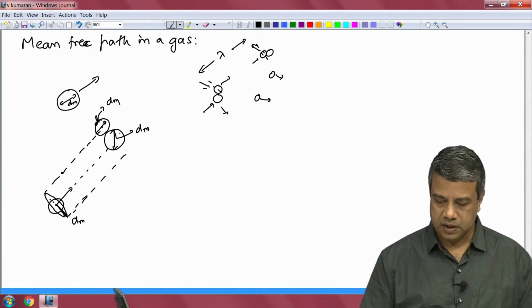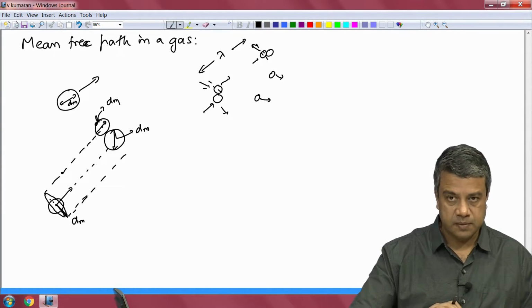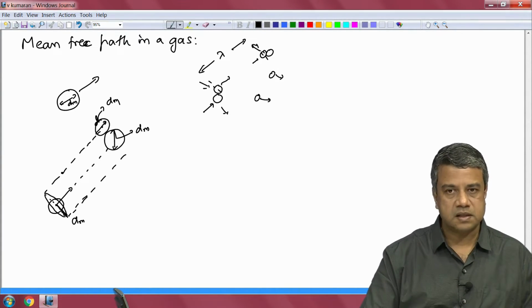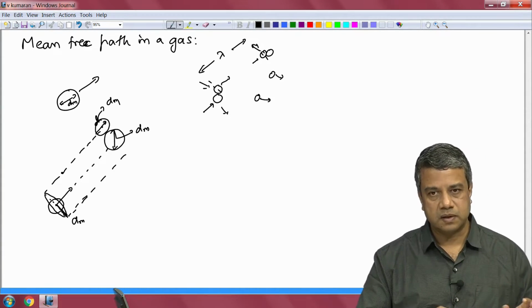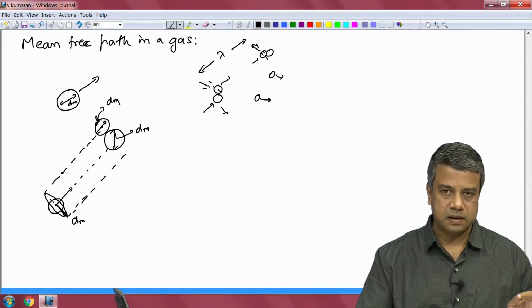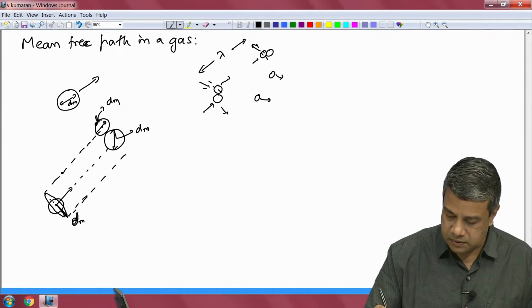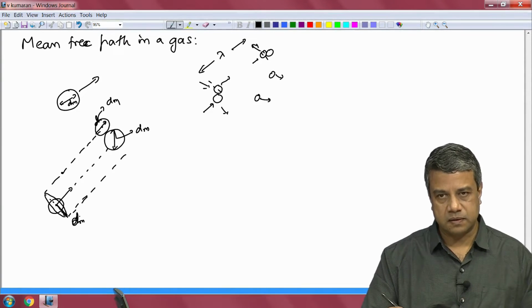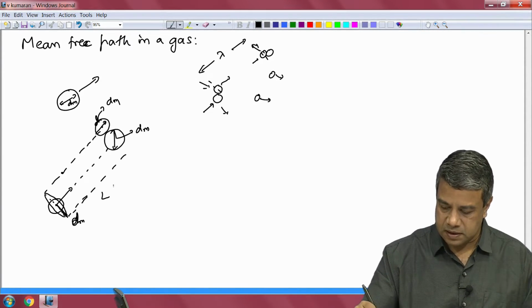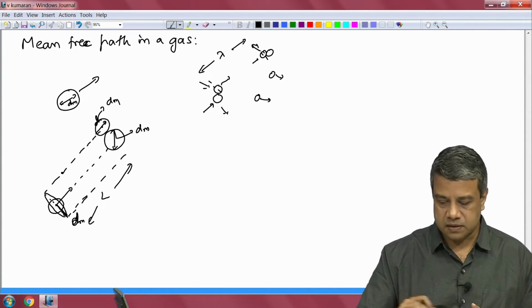So, it traces out a cylinder whose radius is equal to the diameter of the molecule, in such a way that when some other molecule has its center on the cylinder, that means that the distance between the two centers is equal to 1 diameter. That means that the surfaces are in contact. So, this has radius equal to the diameter of the molecule, and it has a certain length L. And therefore, this traces out a volume.